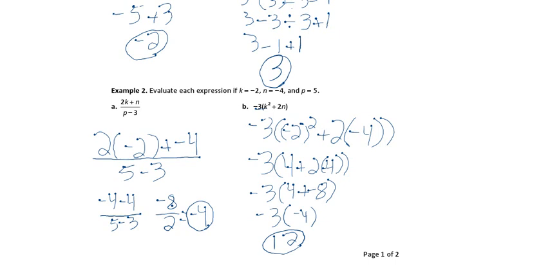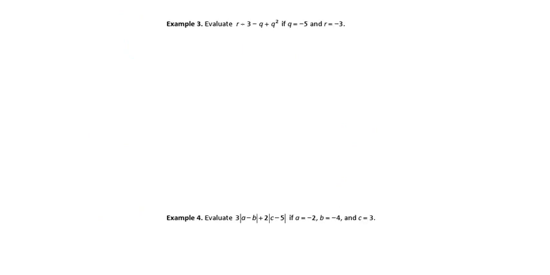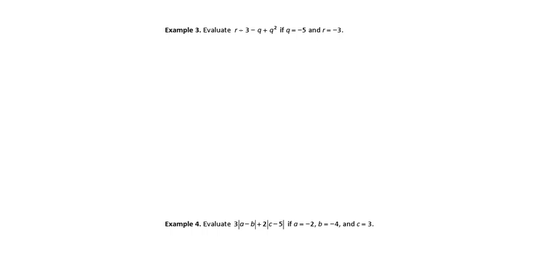Page 2, this first example, we have to evaluate this expression they give us up here. So I'd plug the things in where they need to go. So it says r, which they tell me is -3, divided by 3 minus q, which is -5, plus q squared.